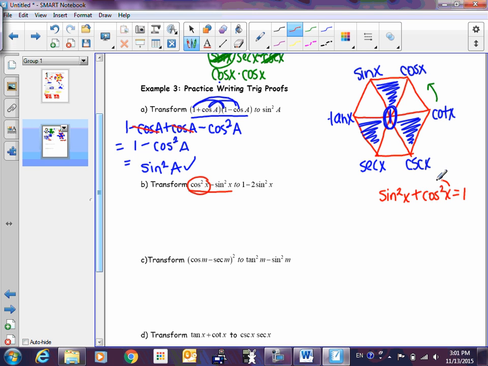If I want to just get cosine squared x by itself, do you guys see how we just subtract over sine squared? Okay, so I'm going to replace cosine squared with 1 minus sine squared x. And then I already have another minus sine squared x. So let's just write that one, only because it was already there.